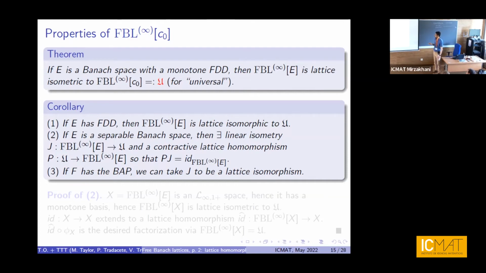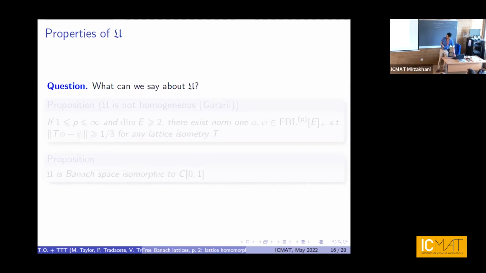Well, I should say that if I remember correctly, in the BAP case, to make J a lattice isomorphism, we may need to sacrifice the isometry part. So let me skip the proof because we are now kind of short of time.